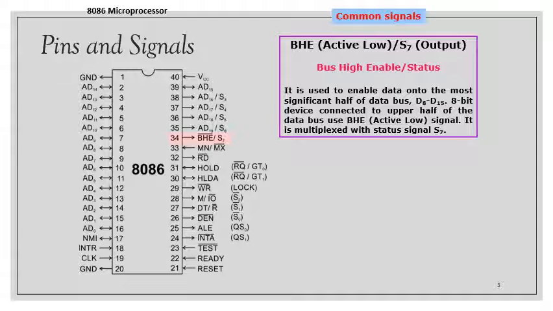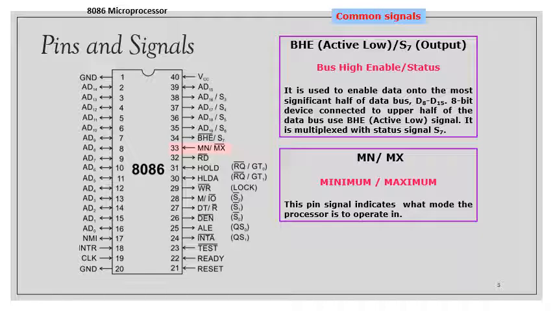It is used to enable data onto the most significant half of the data bus, D8 to D15. An 8-bit device connected to the upper half of the data bus uses BHE, which is an active low signal. It is multiplexed with the status signal S7.